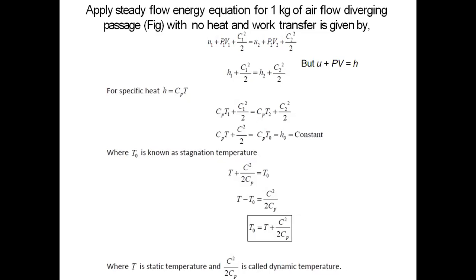So T0 equals T plus C squared upon twice Cp, where T is the static temperature and C squared upon twice Cp is the dynamic temperature.